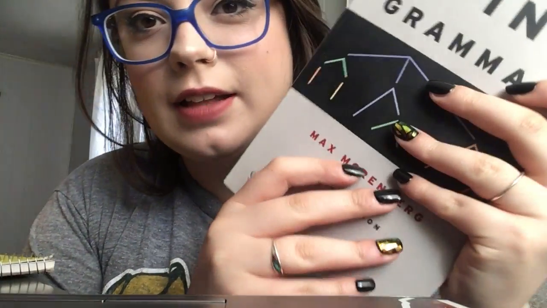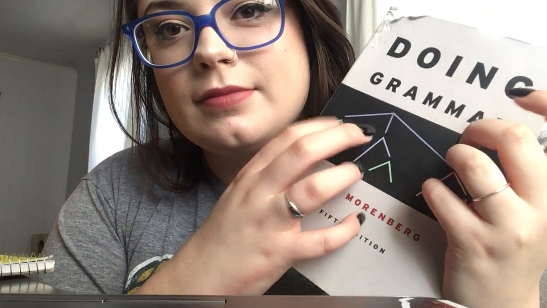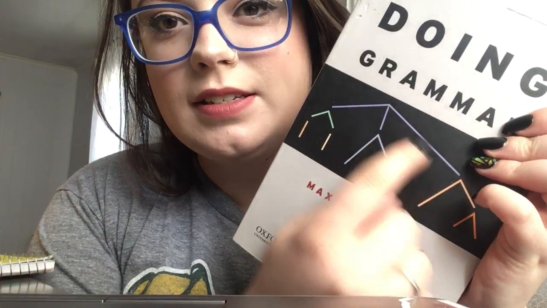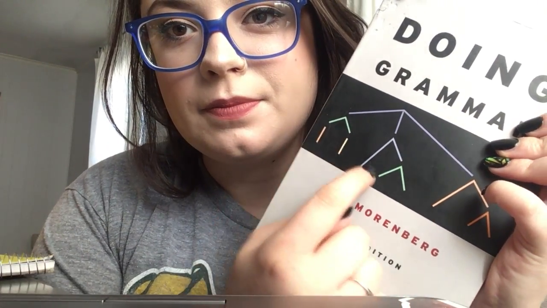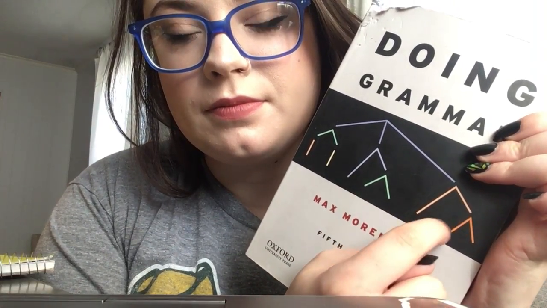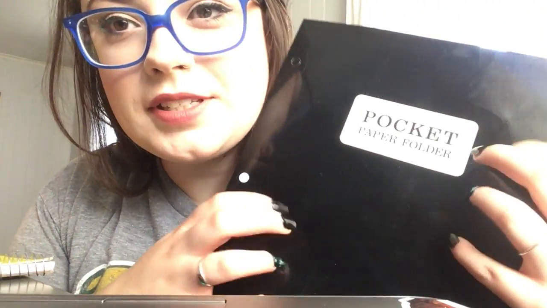So I have with me my notebook so we can work through some problems together. And the book for that class, Doing Grammar, has all these little diagrams of sentences. It's kind of what you're doing, isn't it? Yeah? Alright, we'll work through some of those. And then a folder with some examples that we can work through.